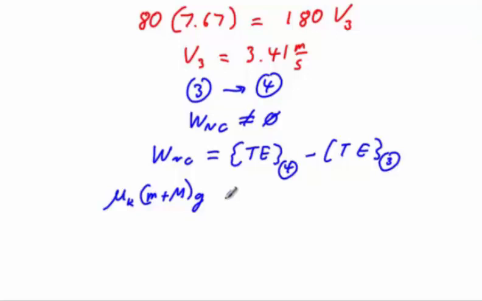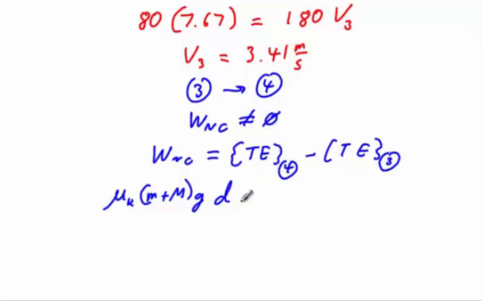So mu k times the normal force. Is that the work due to friction? No, it isn't. That is simply the force of friction, mu k times the normal force. It's not a work at all. Work is force times distance. Aha! So if they slide across the floor for a distance d, is that the work due to friction?